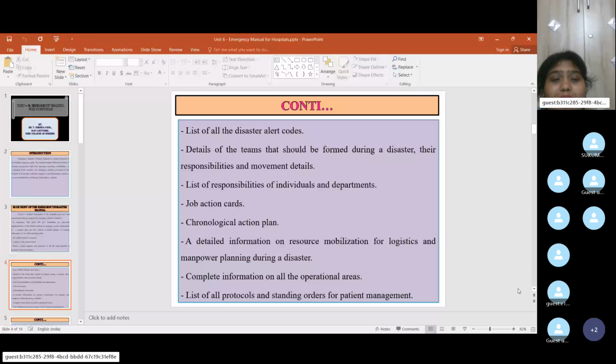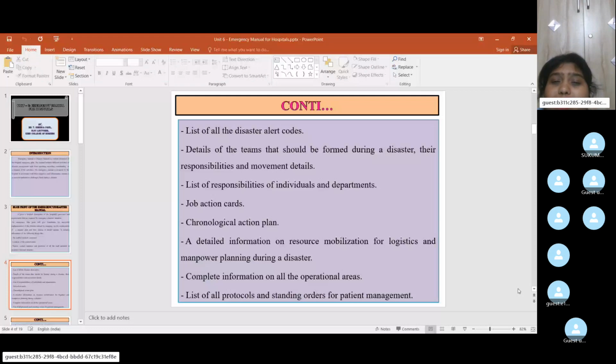All the alert codes should be listed out, and every unit should have these alert codes. It will be very beneficial even at the nooks and corners of every floor if they paste or display these disaster alert codes.